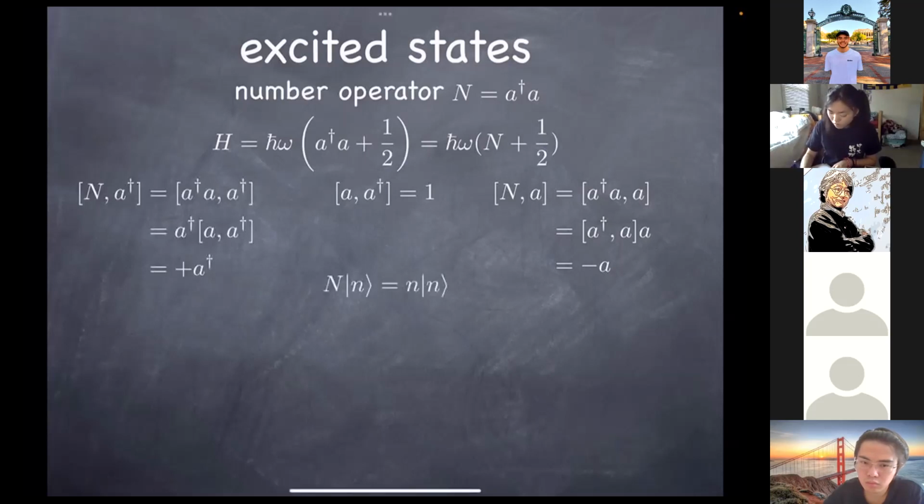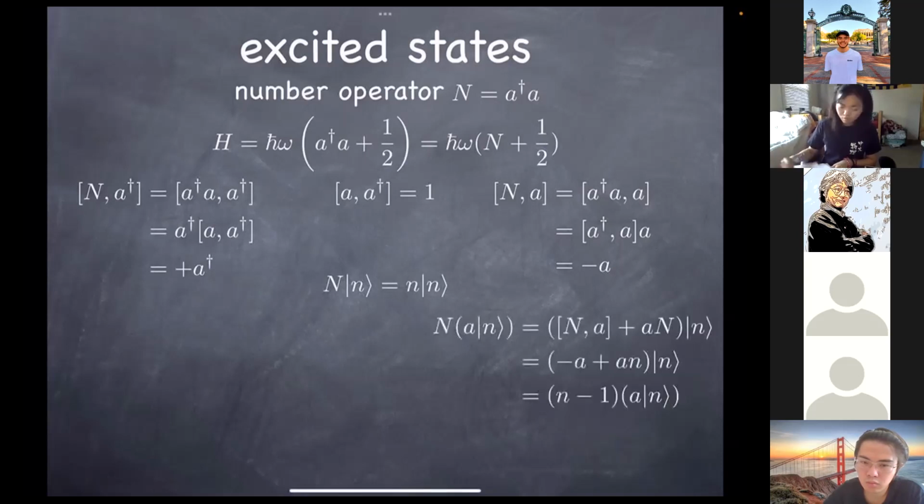So what that means is that once you have an eigenstate of the number operator N with the eigenvalue little n, you can act a on it. By just going through this algebra between a and N, you can derive that the eigenvalue of the number operator acting on a|n> is little n minus 1.